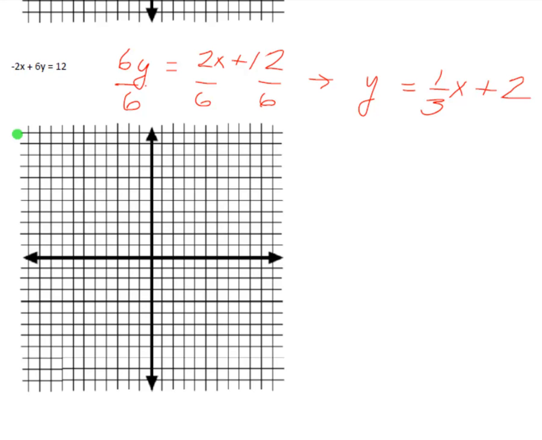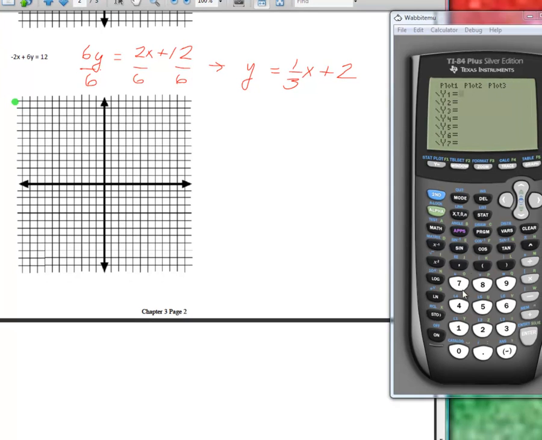So now we're going to go to our graphing calculator so that we can enter this equation. So again, we go into that y equals button. I'm putting my 1/3 in its parentheses there, times x plus 2. Okay, we've got that there in our window.